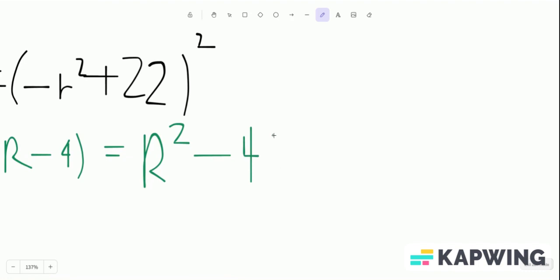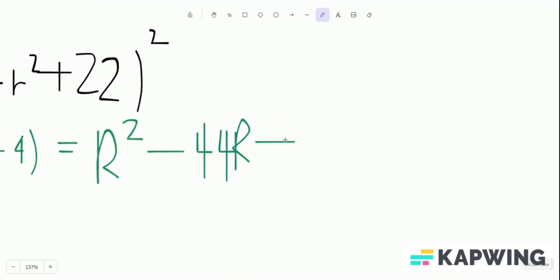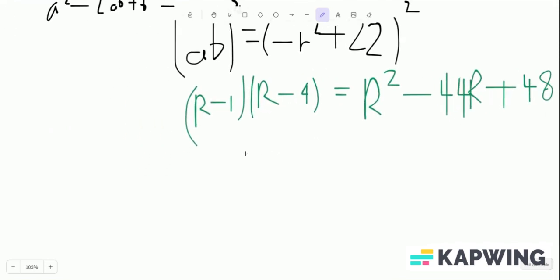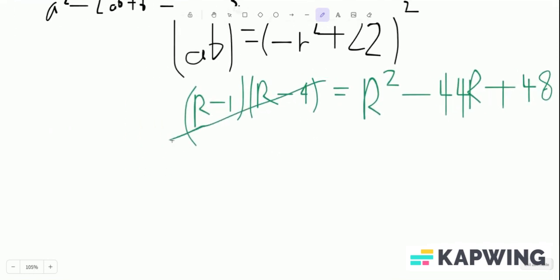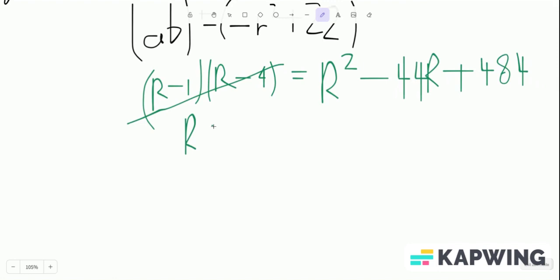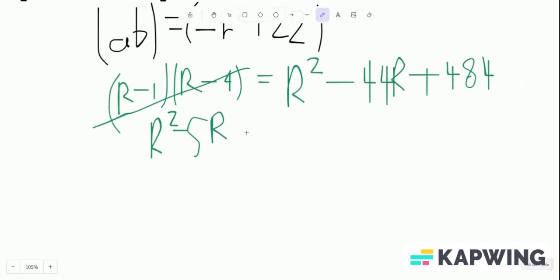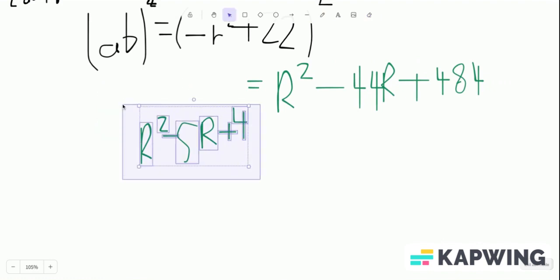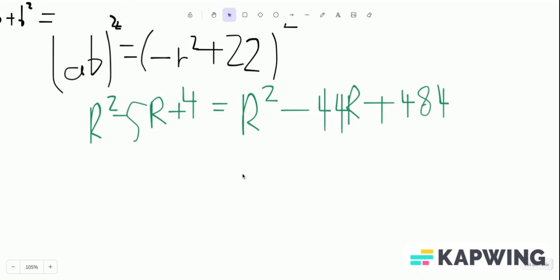So expanding, we get this. And expanding this side, we should get R squared minus 5R plus 4 is equal to the right hand side.